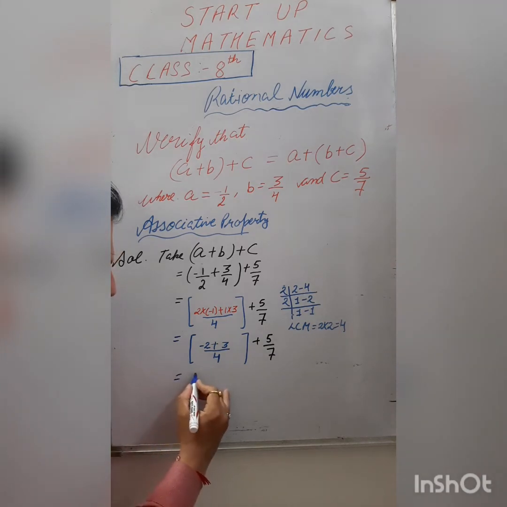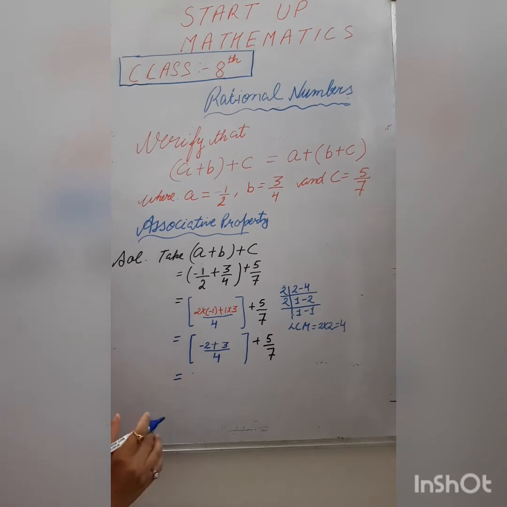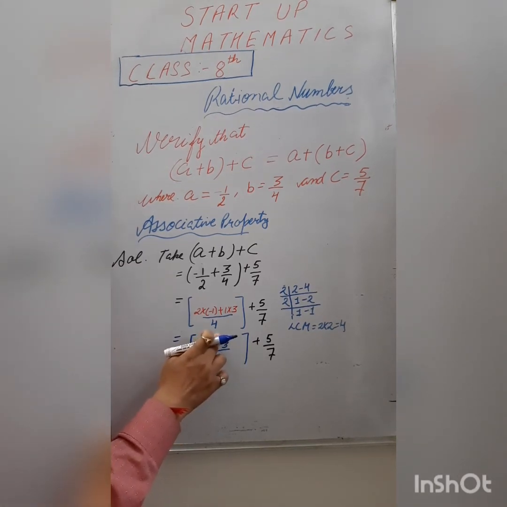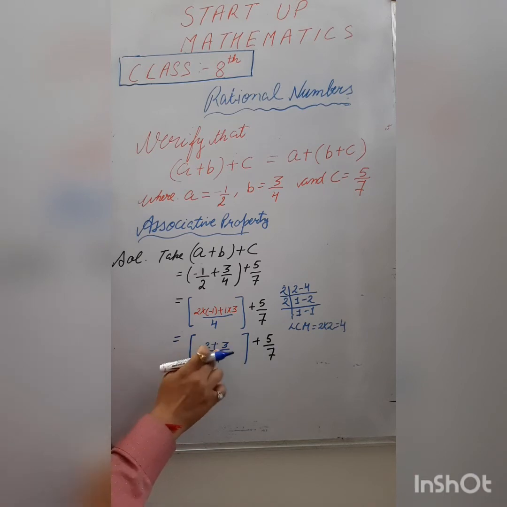Now solve the numerator part. Here you see the numerator part: minus 2 plus 3. Or you can write 3 minus 2. The two numbers are of opposite sign, but they are not multiplied together.